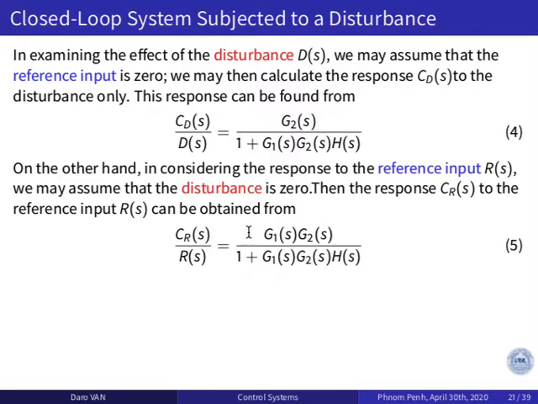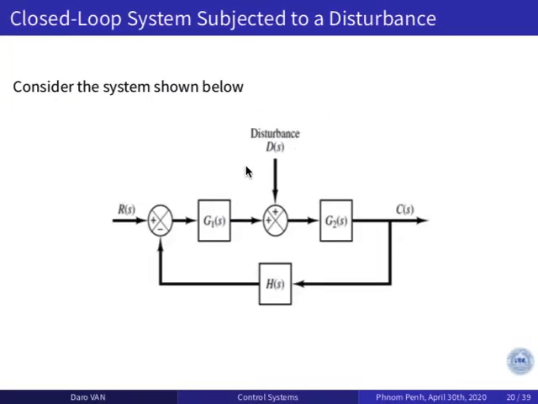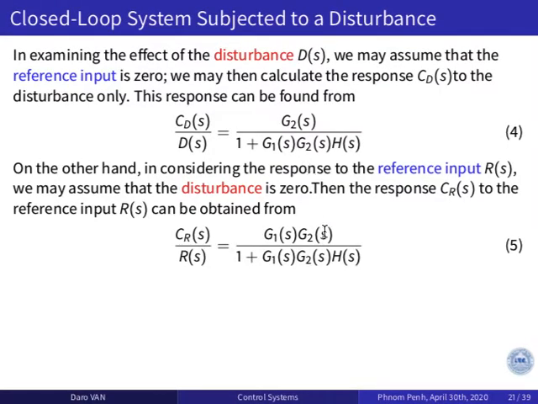In this case, we just take D(s) out, take this signal out, and do a little bit of manipulation using what you have learned in the previous part. I'm sure you can find this.